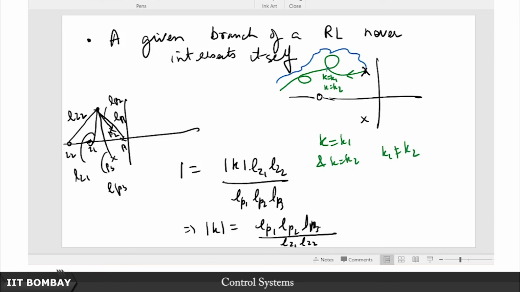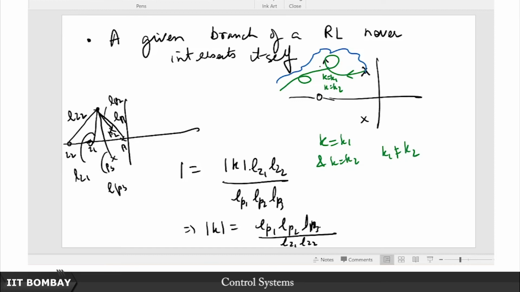It just tells you that when traveling through this point for the first time, you had k equal to k1, and then you kept increasing k, and then you encountered this point again. It means that at the same point you have two different values of k, because that is the very definition of a root locus: the locus of all points as k is varied.